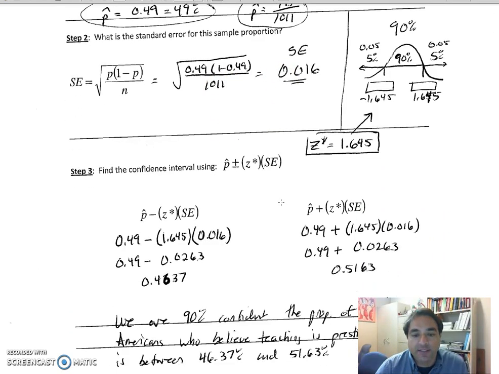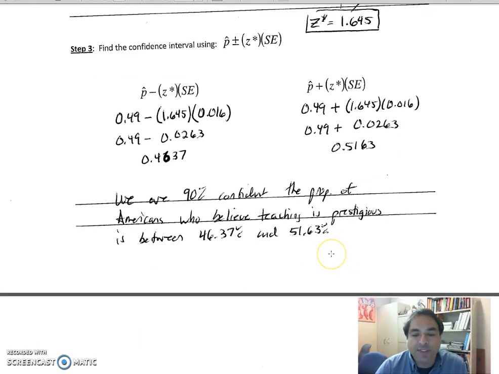So the formula says we need P hat plus or minus Z star times your SE. P hat's 0.49. The Z star is 1.645. The SE is 0.016. When you do 0.49 minus 1.645 times 0.016, you get 0.4637. 0.49 plus 1.645 times 0.016, 0.5163.